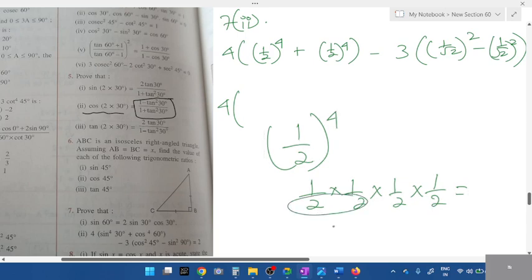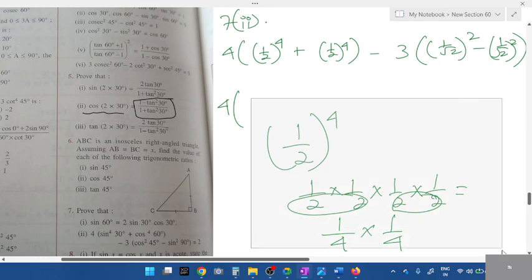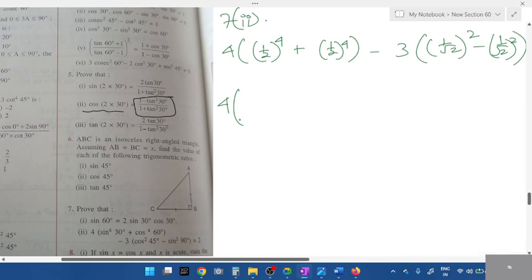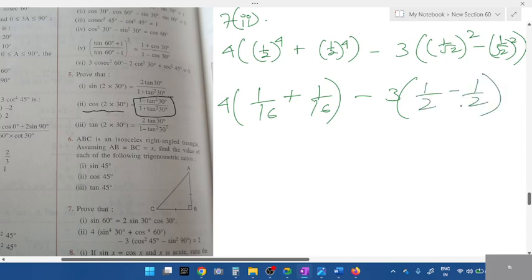See, you can pair it like this. 1 by 4 into 1 by 4. How much is 1 by 4 into 1 by 4? 1 by 16, right? 1 by 16 plus 1 by 16 into 3. If the square root gets cancelled, 1 by 2 minus 1 by 2. How much is 1 by 2 minus 1 by 2?